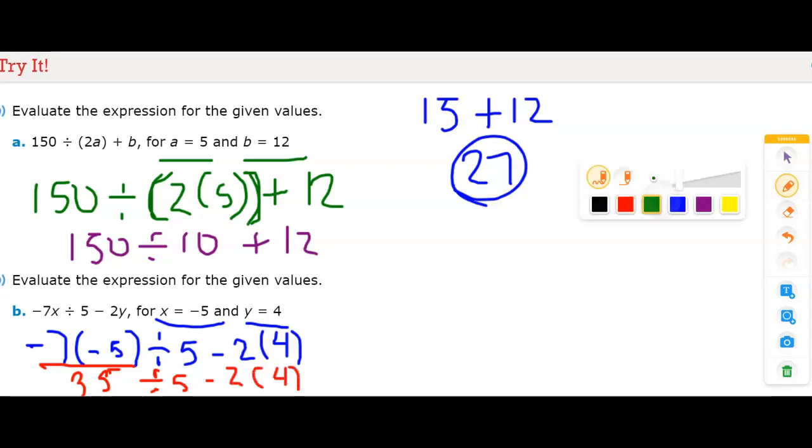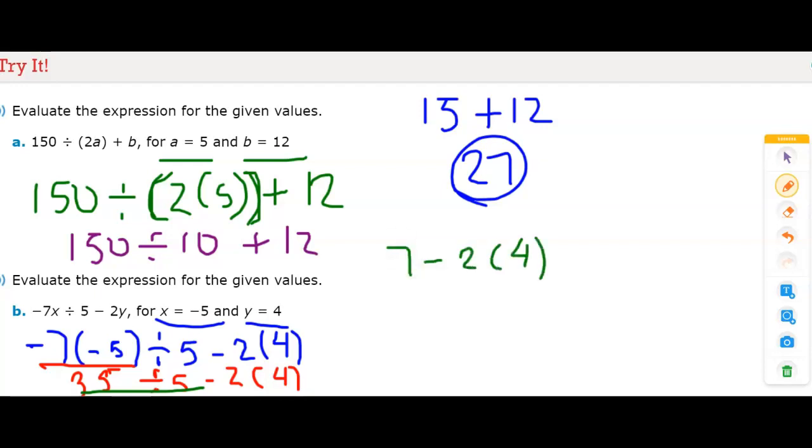Then next we will do 35 divided by 5, and that will give us 7 minus 2 times 4. And then next we have 2 times 4, and then that's going to be 7 minus 8. And then 7 minus 8 will give us negative 1, and that will be our final value.